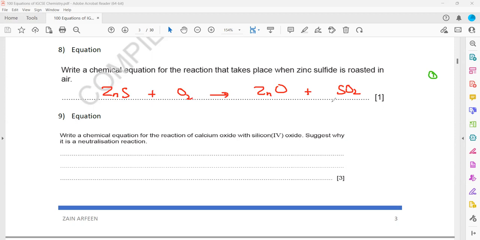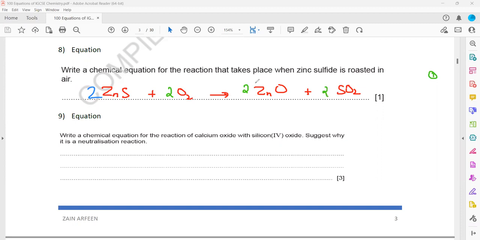So if I put 2 here and 2 here, oxygen is balanced because 2 into 2 is 4 and 4 here. Then zinc is 2, so you put 2, zinc is balanced, and if I put 2, sulfur is also balanced, but now oxygen is not balanced.